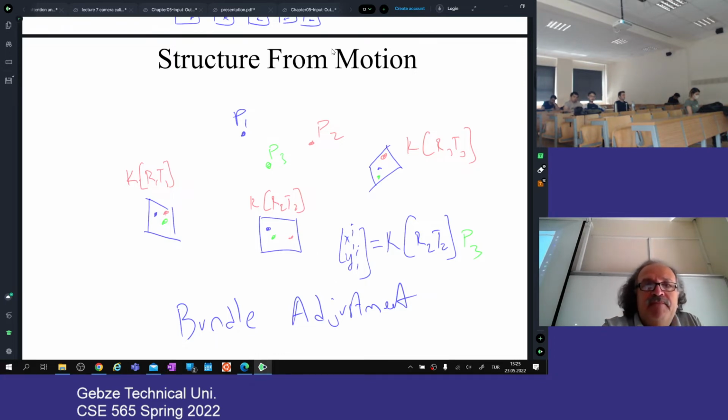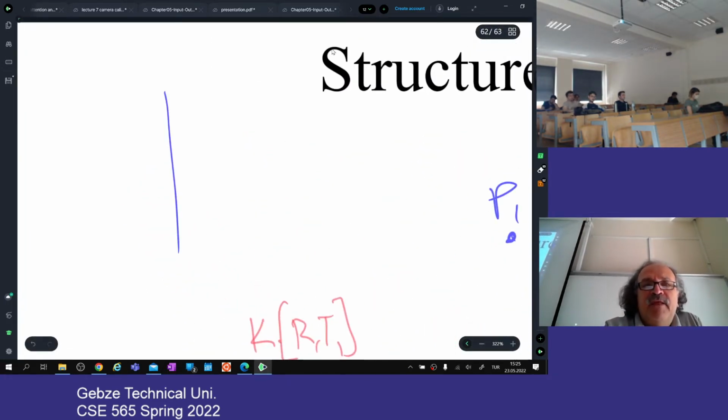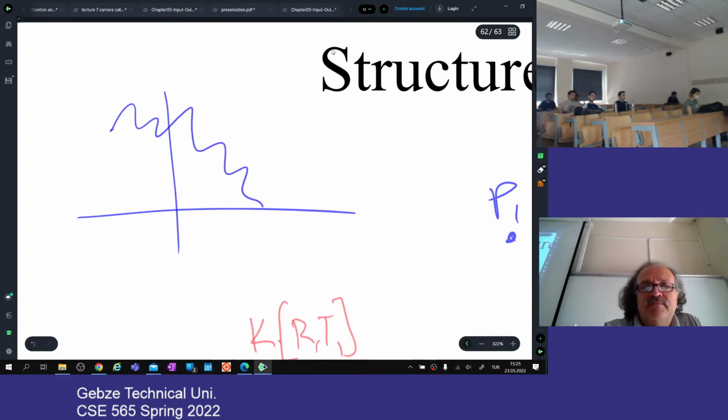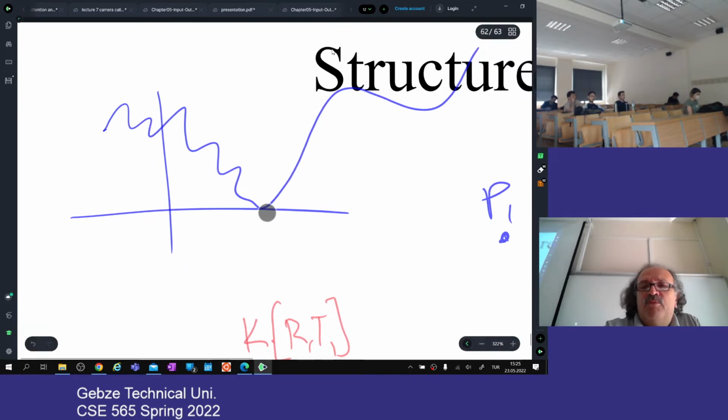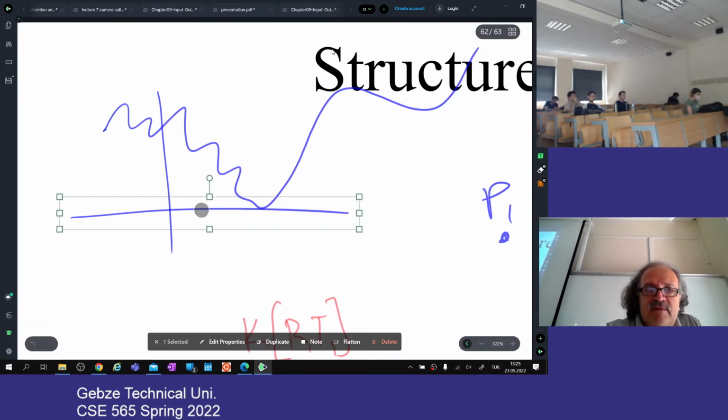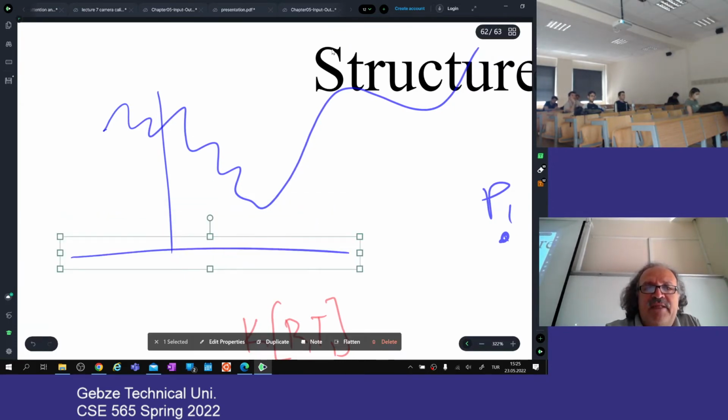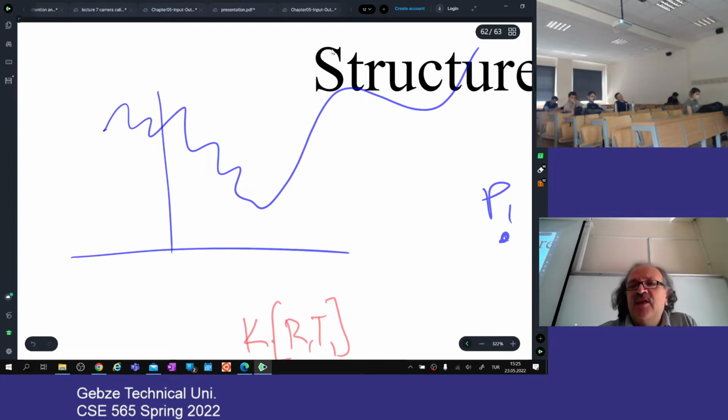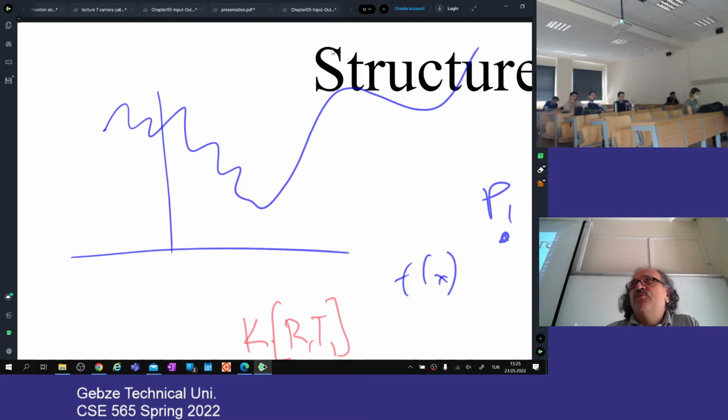For example, if this is my function f(x), and somebody asked me to find the minimum of this function, I can test it, but testing from minus infinity to plus infinity is going to take lots of time.